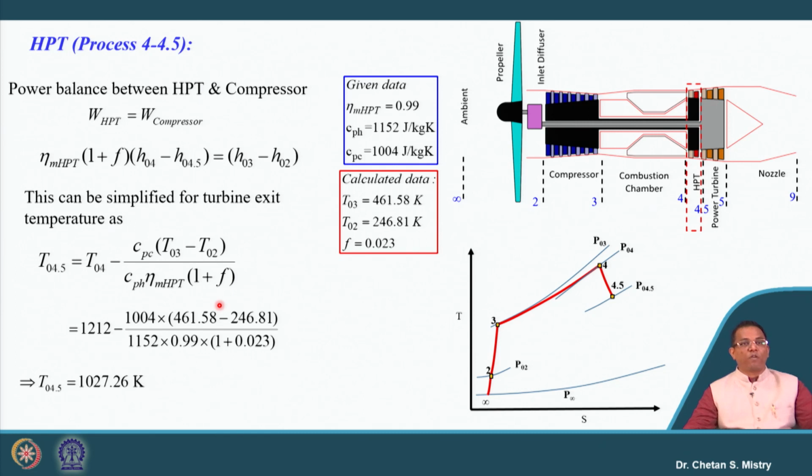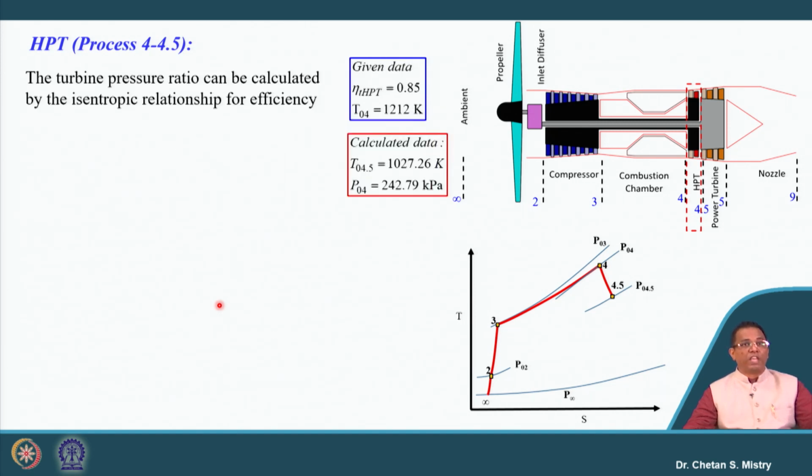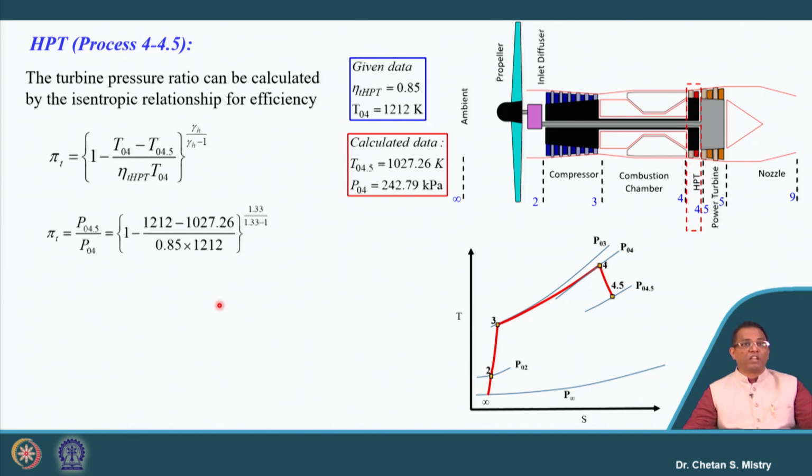Now since we have our exit temperature, we can calculate our exit pressure from the turbine. We have the equation for the efficiency, so we correlate it in terms of the expansion ratio. If we put in the numbers, the pressure comes to 109.48 kilopascal.